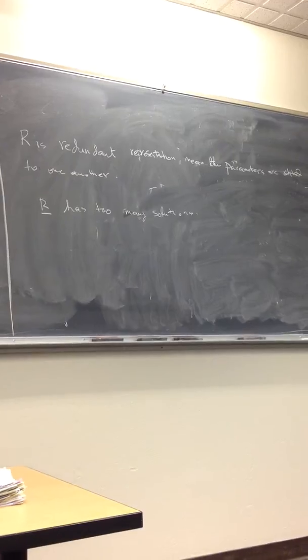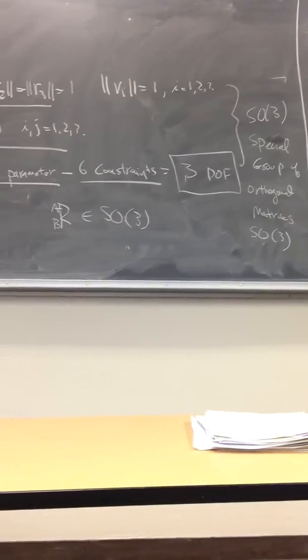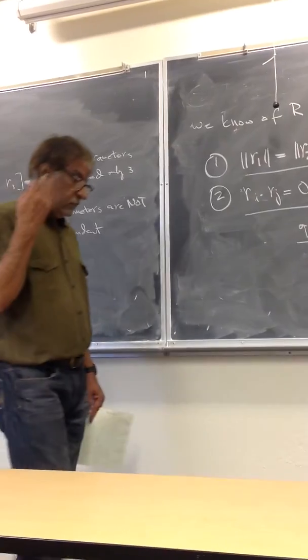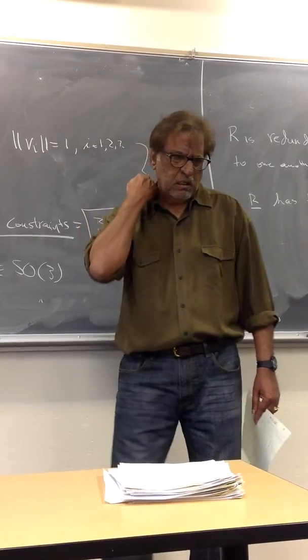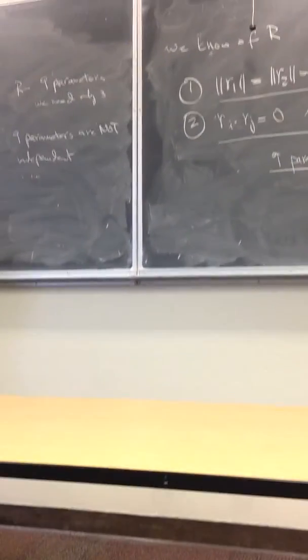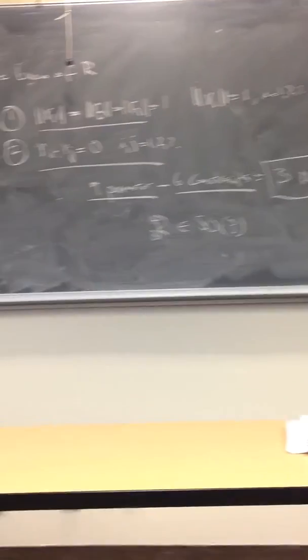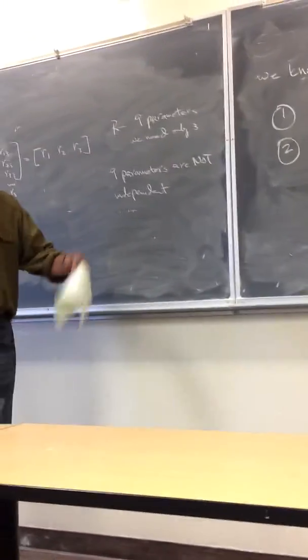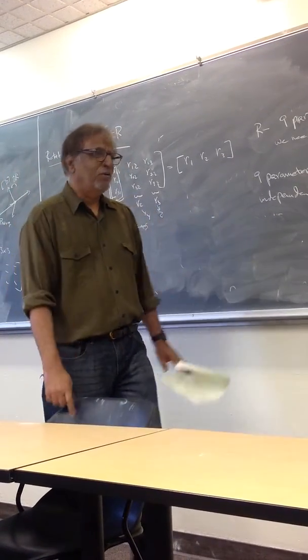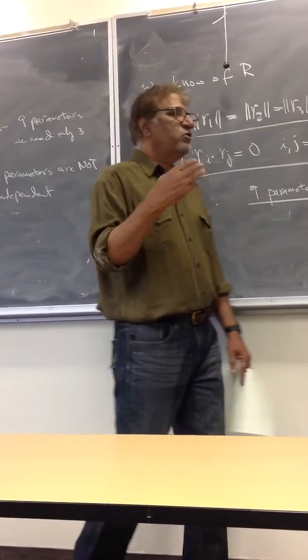So let's say you were able to solve these 9 equations somehow, and you come up with 9 solutions. How do you know which one is correct? If R has too many solutions, how do you know which is the valid solution?